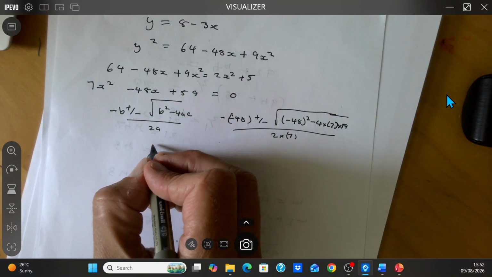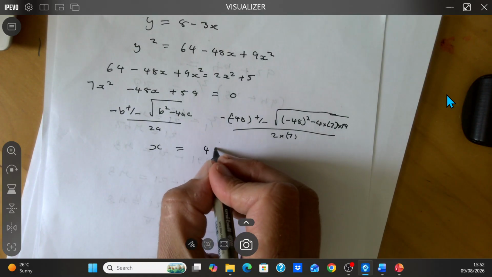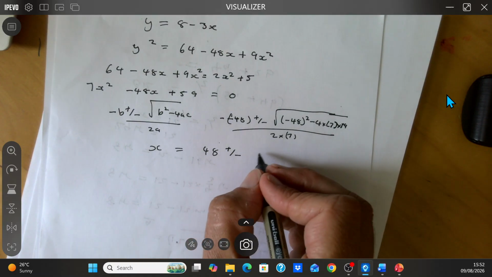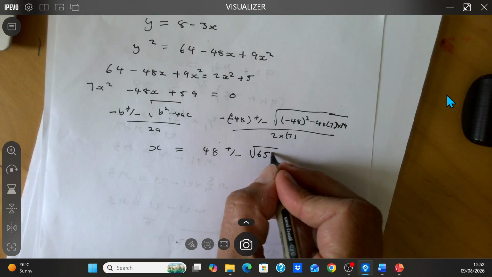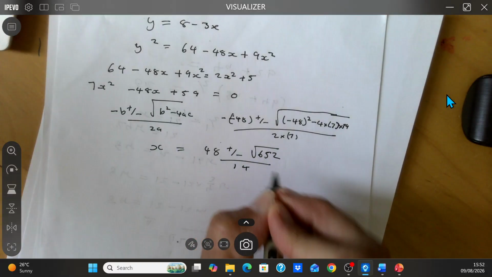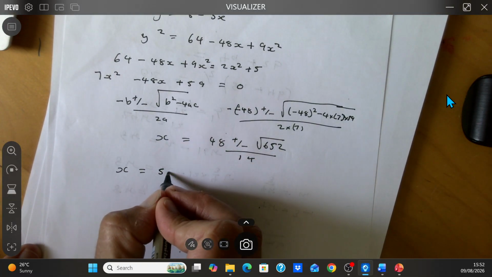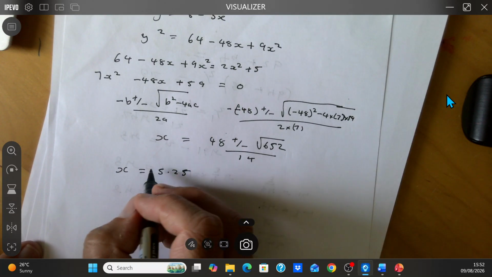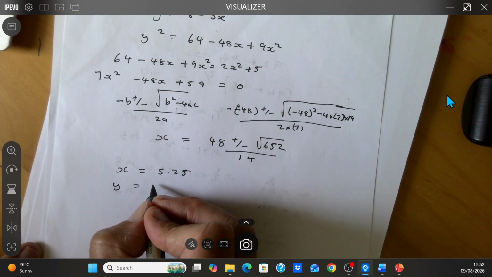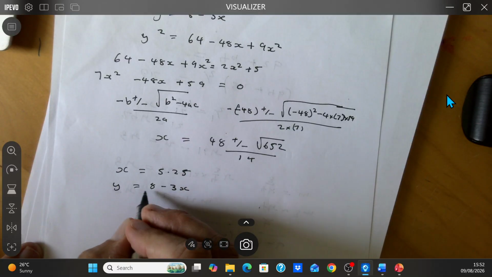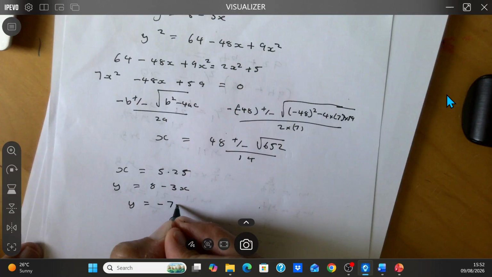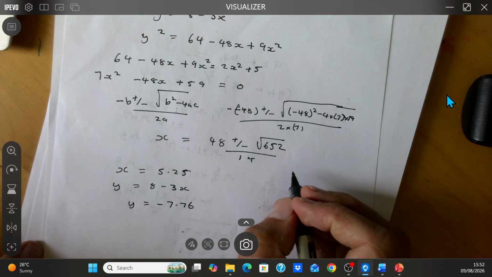That gives me x equals 48 plus or minus the square root of 652 over 14. So I have one value of x, which is 5.25, to 3 significant figures, which will give me y equals 8 minus 3x, y equals minus 7.76.